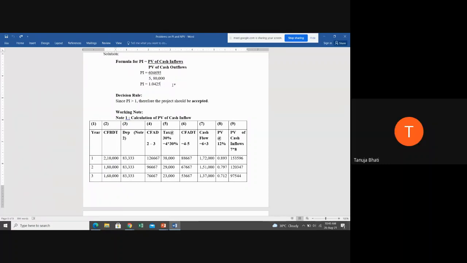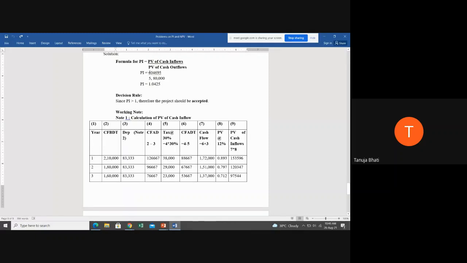Okay. So do you have PV of cash inflows already calculated? Do you have PV of cash outflows already there with you all? So can you all tell me what is NPV?